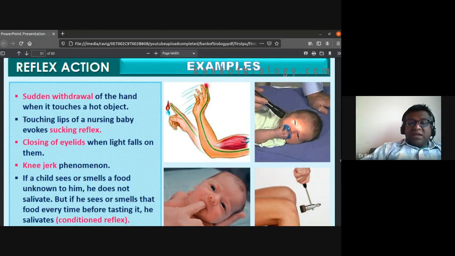This we call a conditioned reflex. If it is a known food, he would have immediately salivated. So the next time he smells or sees the food, he would salivate. This we call a conditioned reflex.